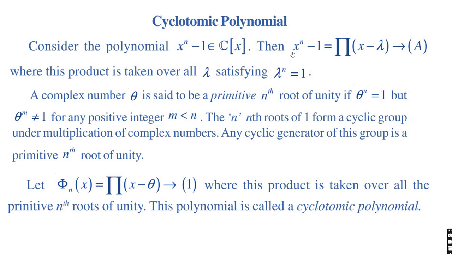When we consider x power n minus 1 as the product of x minus lambda, we shall name this as statement A, where this product is taken over all lambda that satisfies this.